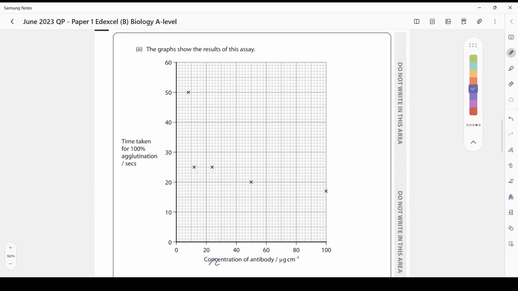In this case, as the concentration of antibody increases, the time taken for 100% agglutination decreases. You can also talk about the lack of error bars for this graph, because error bars show you how spread out your data is. Whenever they do this experiment, they do repeats, and what we have here is just the mean. You want error bars to show you how spread out your data is across the mean.